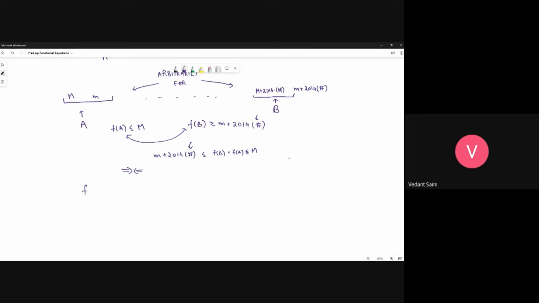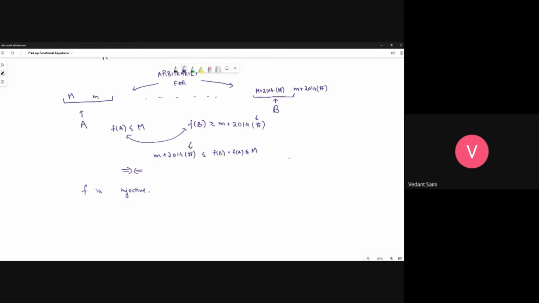So we get f is not injective, because f is injective.